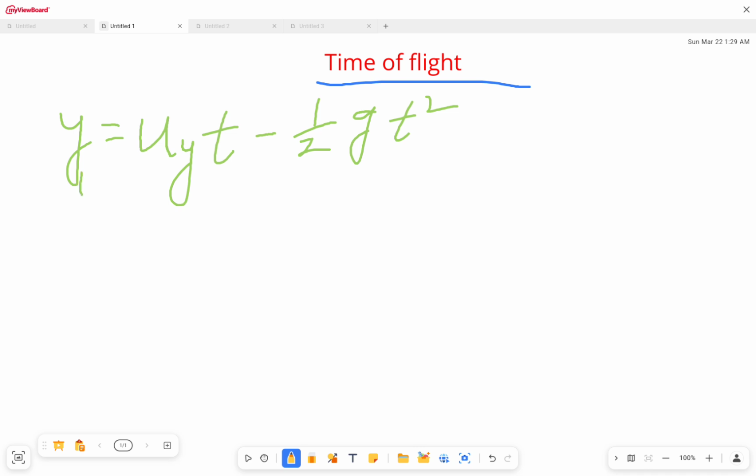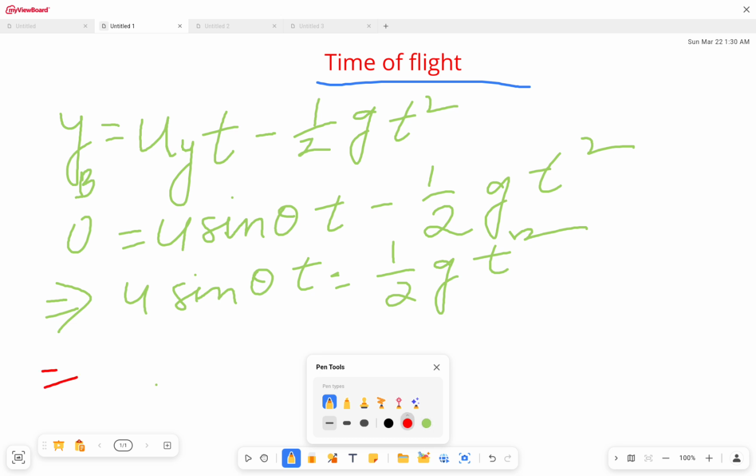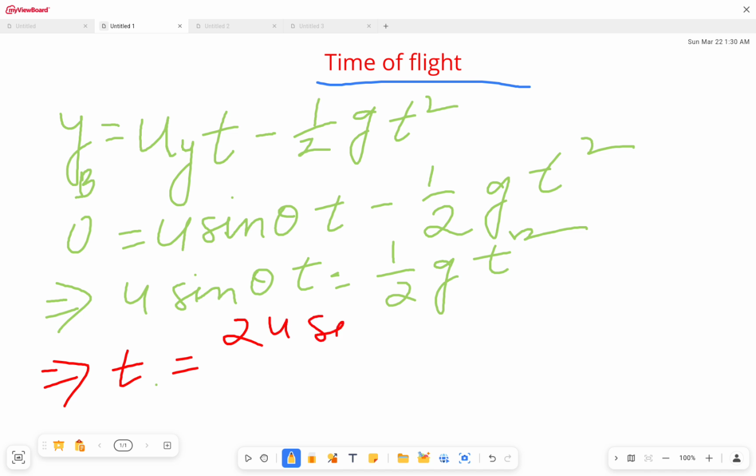So considering y at point B to be 0, we can rewrite uy as u sine theta into t minus half of g t square. We can rearrange it as u sine theta t equal to half of g t square and we can simply write it as t is equal to 2u sine theta by g. So this is the time of flight.